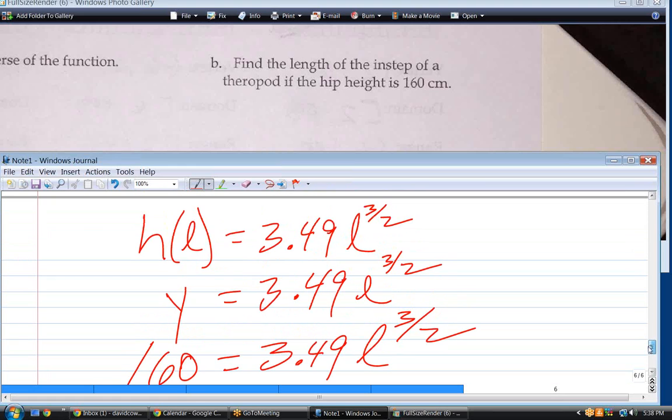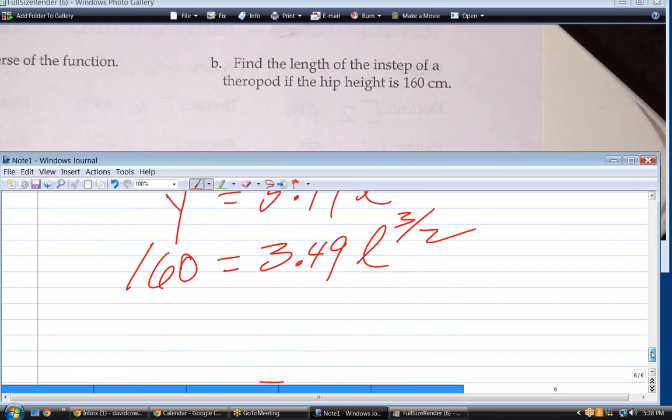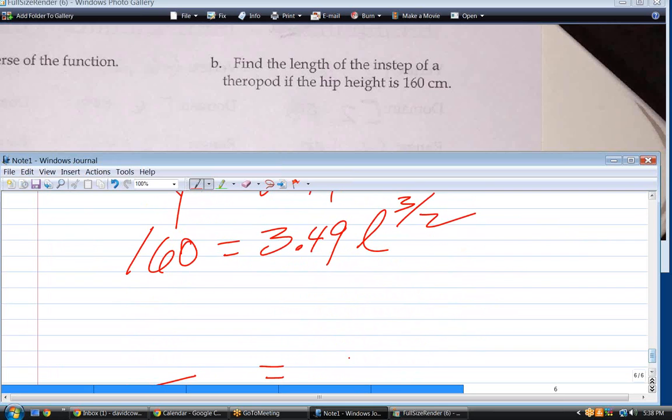Well, that was this function right here. That's the function that relates hip height, which is the h of L, to the length of the instep, which is L. So if I plug in 160 for the height, I'm going to be able to solve this equation for L. And that's what they're asking for.